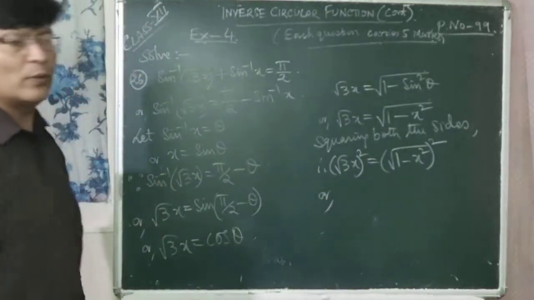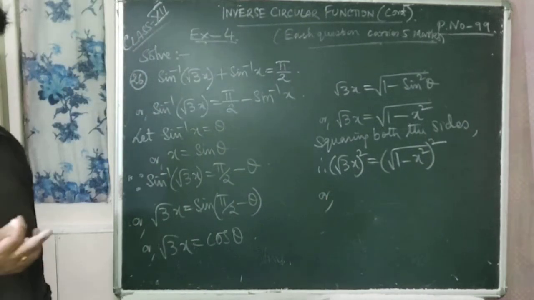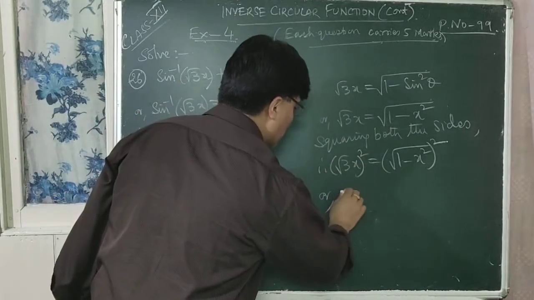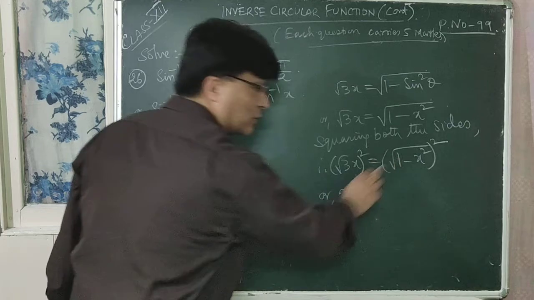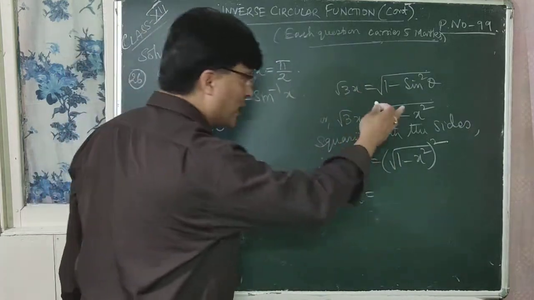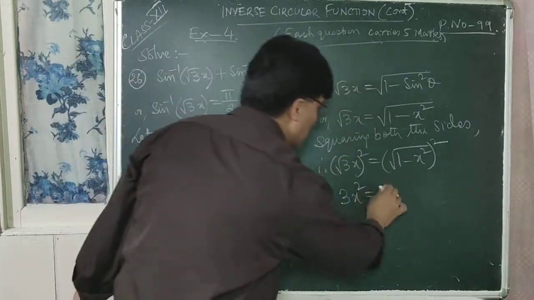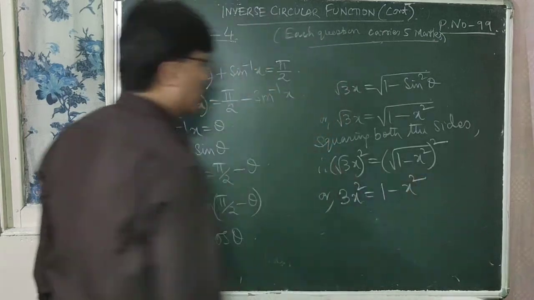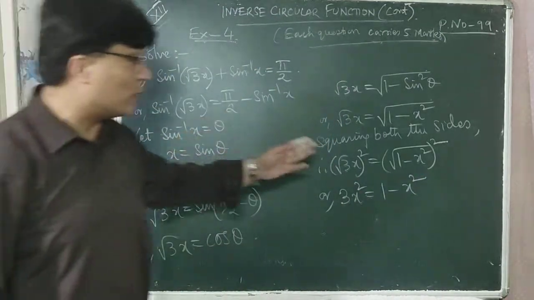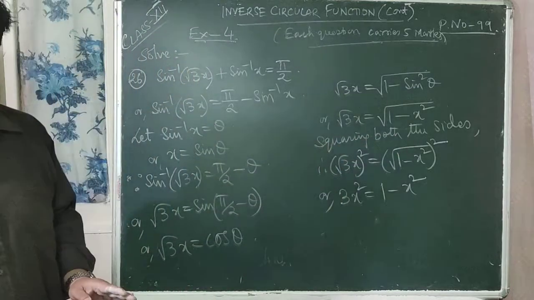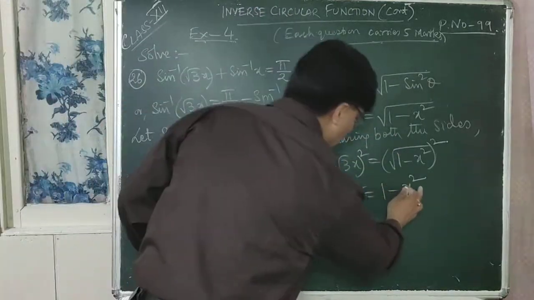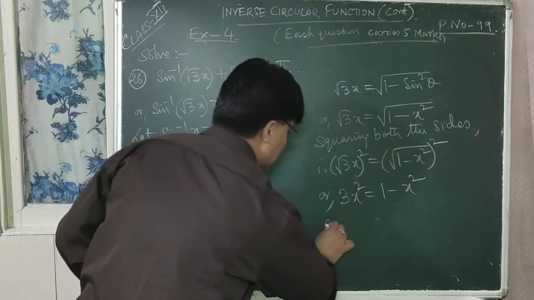What is root over 3 into x whole square? Root over 3 whole square is 3, so this is 3x square, is equal to 1 minus x square, since the square root will be removed when it is squared, right? Now minus x square, take it to the left hand side.